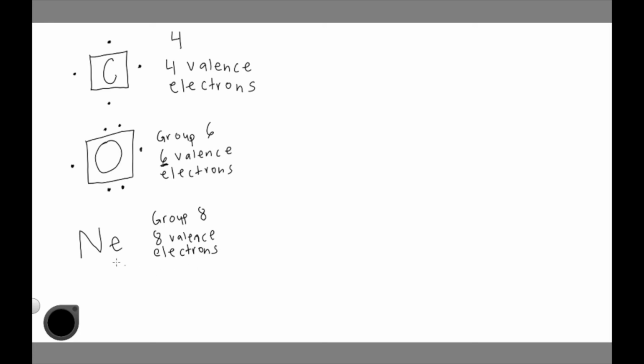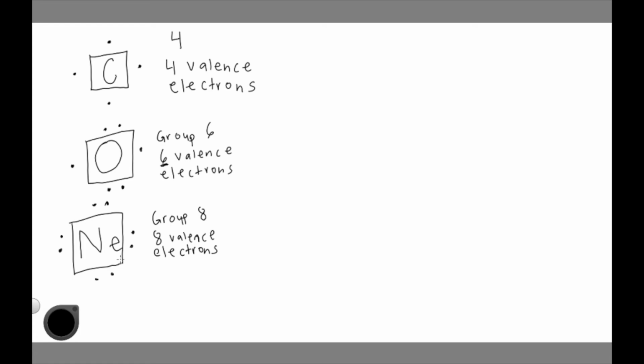So because we know that neon has 8 valence electrons, each side of this box will have 2 dots around it, with a total of 8 electrons in all.